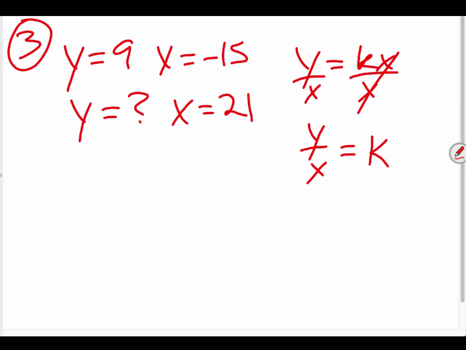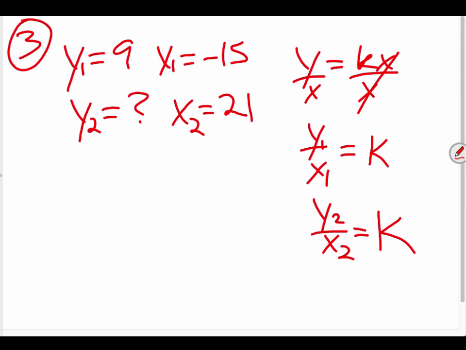Well, let's assume that I have x sub 1. So let's think of this as x sub 1, y sub 1. Then this would be x sub 2, and this would be y sub 2. Now, would that change if it varied directly? In other words, if I said y sub 2 over x sub 2, what would be the constant of variation with this one if it varies directly? It'd be the exact same, right? Interesting. All right.